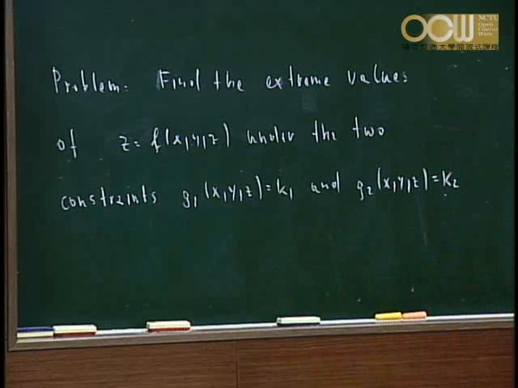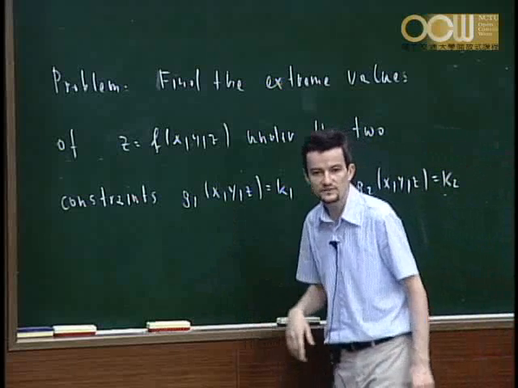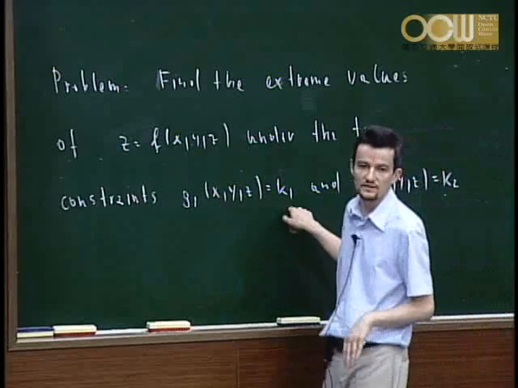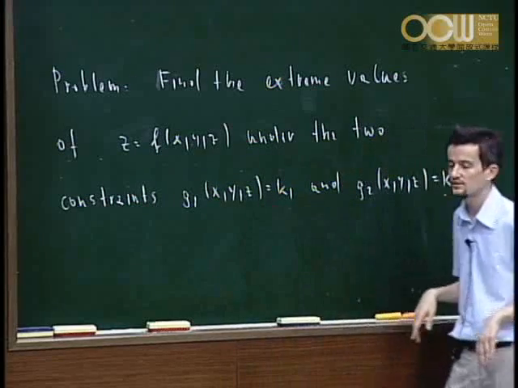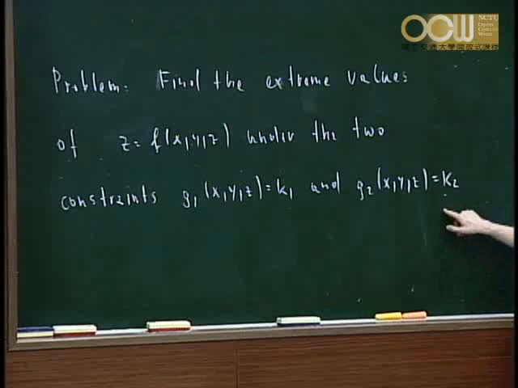Then what you know is that the gradient of G1 is orthogonal to the tangent plane at the point where the maximum occurs, and the gradient of G2 is also orthogonal to this tangent plane.